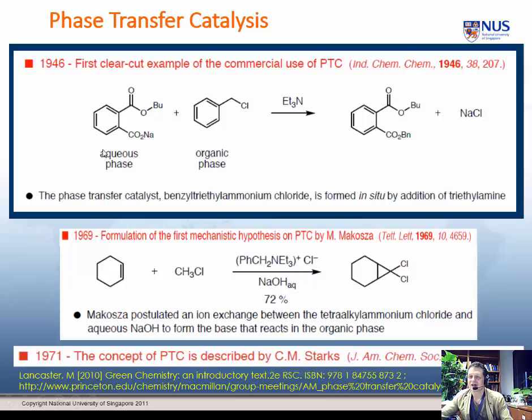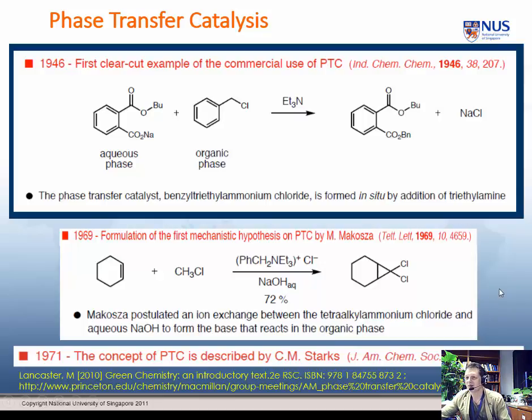So you have this very polar compound in the aqueous phase, you have this in the organic phase, and you use triethylamine to do the reaction, and effectively your phase transfer catalyst is formed in situ between your triethylamine and your organic compound that allows the reaction to occur.